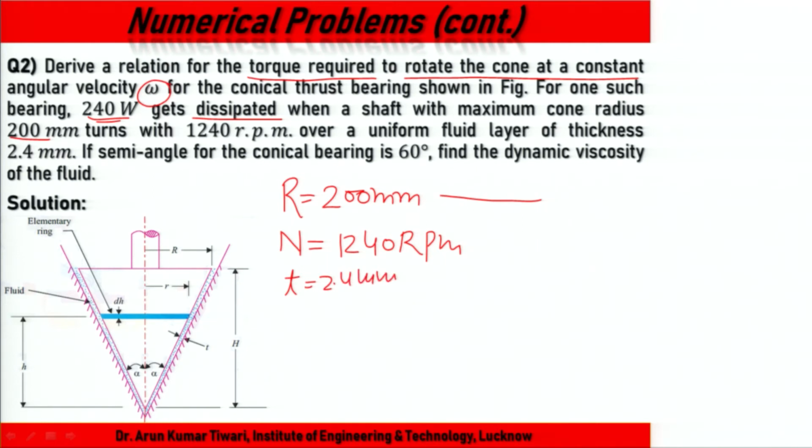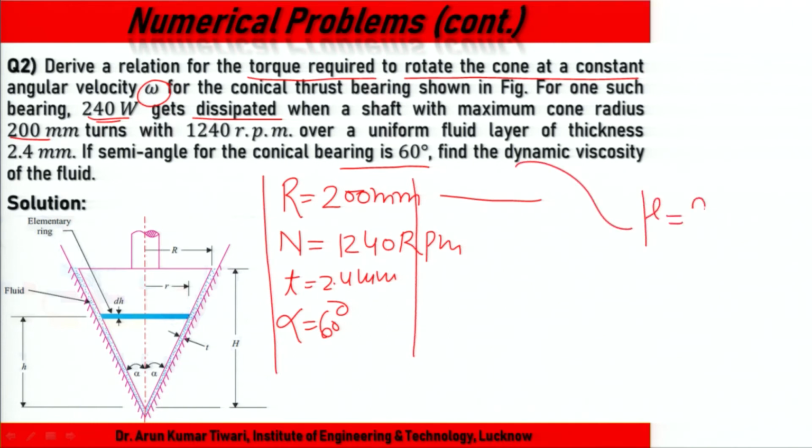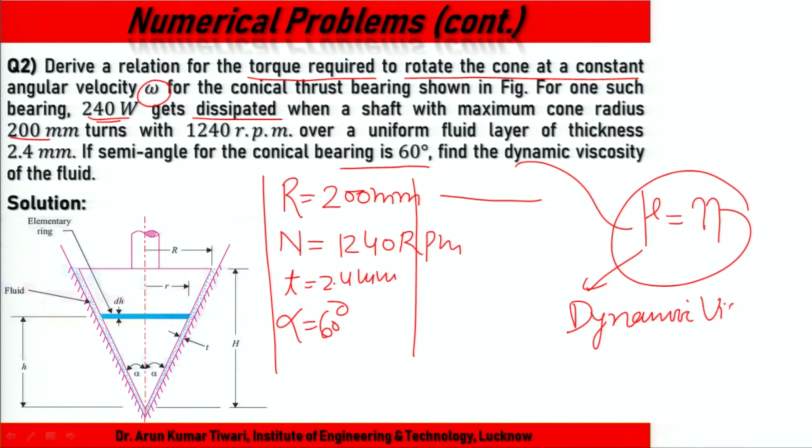The angle alpha is 60 degrees. Find the dynamic viscosity mu, dynamic viscosity.